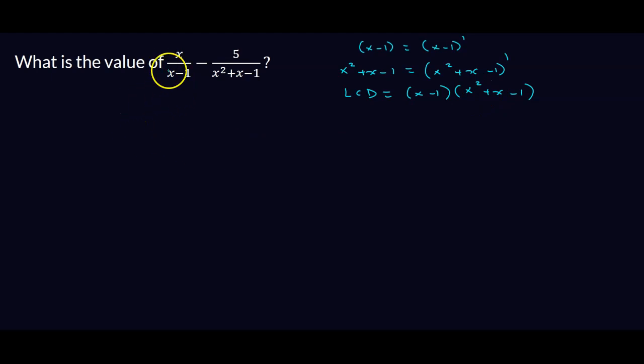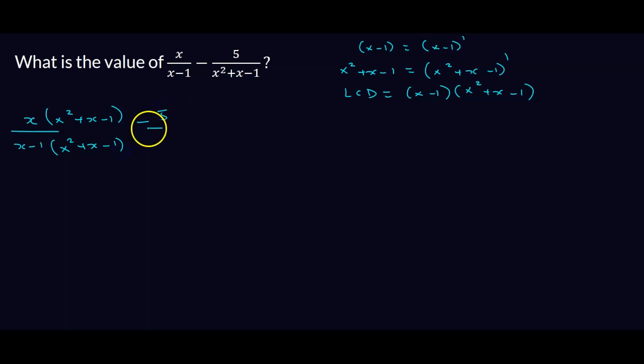So let's go ahead and try to rewrite each of these so that we have a common denominator. So we have x over x minus 1. We're going to multiply this by x squared plus x minus 1. Multiply also x minus 1 minus 5.